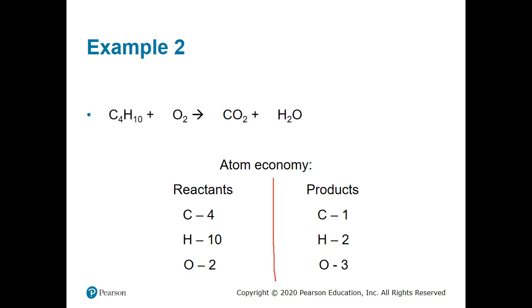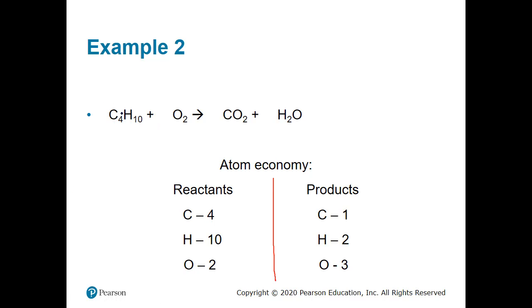So because there is oxygen in multiple products, this is what I kind of warned you about with combustion. Oxygen is going to be the thing we address last. We're going to do a backtracking, basically. Start with carbon and hydrogen, see how that affects the oxygen, go back to the oxygen, and see where that takes us at the end.